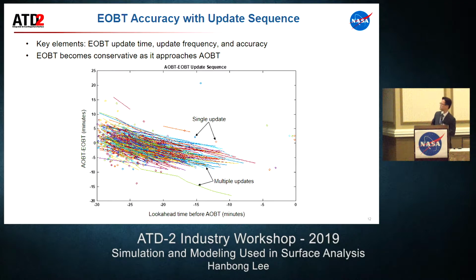And we need to keep in mind the three main key elements in this chart, which are the EOBT update time, update frequency, and the EOBT accuracy. So in this graph, each line shows the sequence of EOBT updates, the multiple EOBT updates.